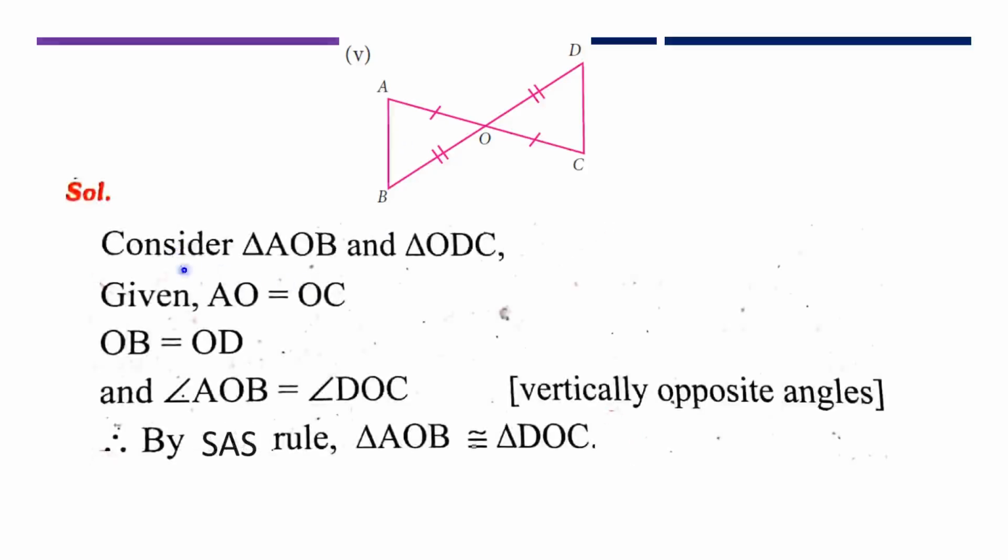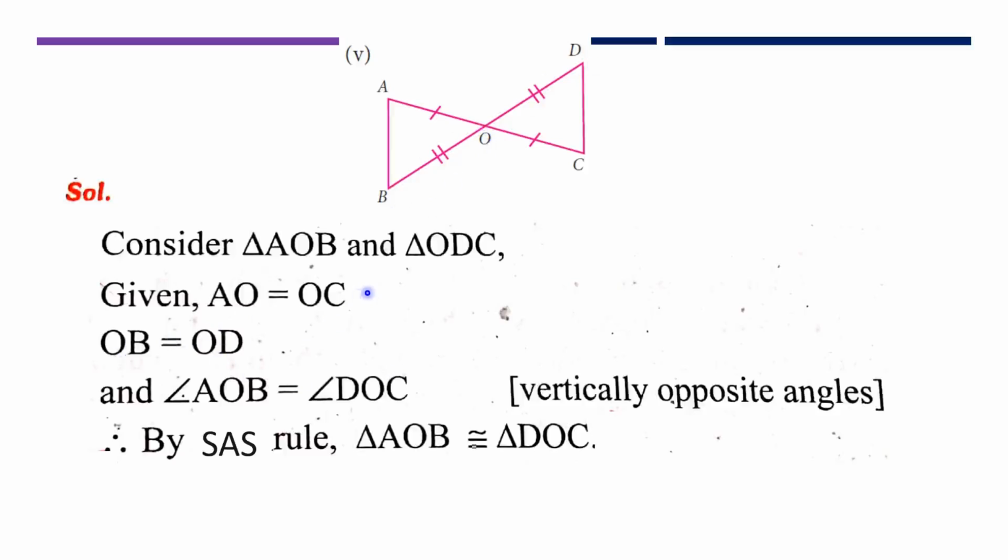For that you have to consider the triangle AOB, this triangle, and triangle ODC, this triangle. Here, the sides marked with a single line are OA, or AO, and this side is equal to OC. So one side is given equal. In the same way, this OB side is equal to this OD side.